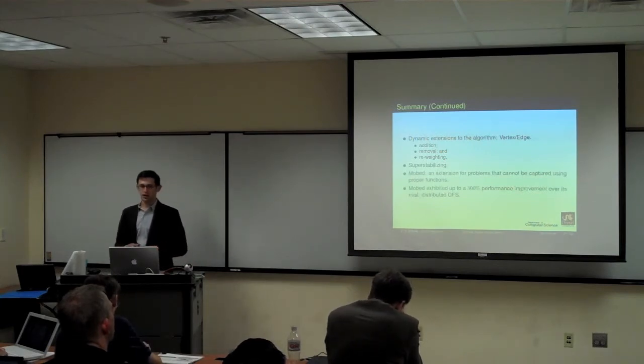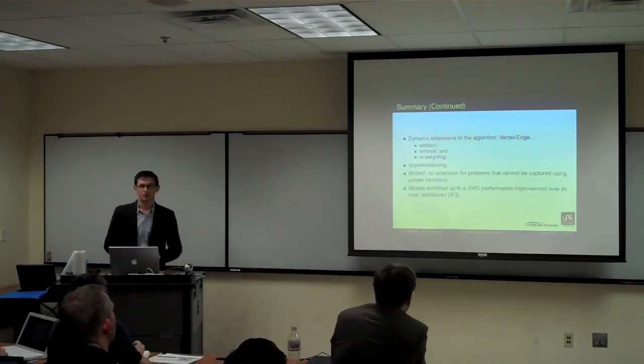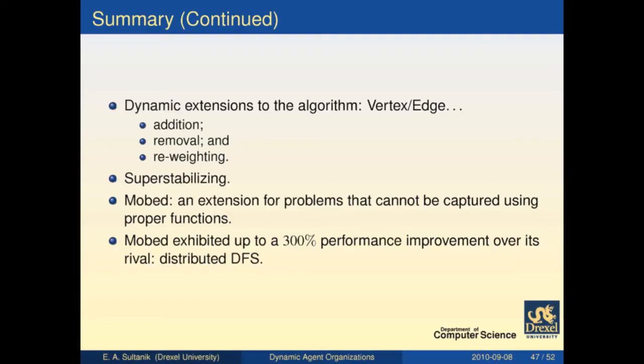So we've given dynamic extensions to the algorithm that allow for changes to the problem. And also, we've given another dynamic extension called MOBAD for a specific type of problem that is too expressive to be captured by proper functions.